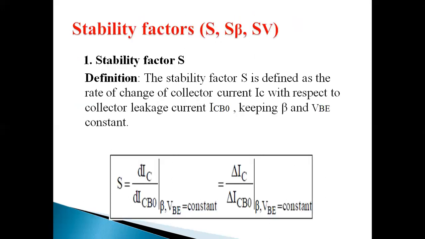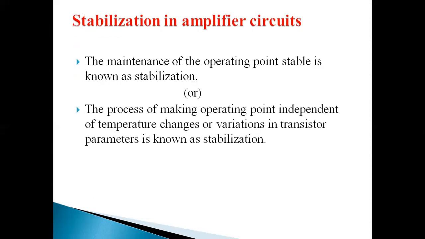Then coming to the stability factors, due to various factors like temperature dependence of collector current, change of VBE and beta due to replacement of transistor, and also thermal runaway, we are going to observe the shifting in the operating point of the transistor. Due to this, the stabilization is going to be disturbed.